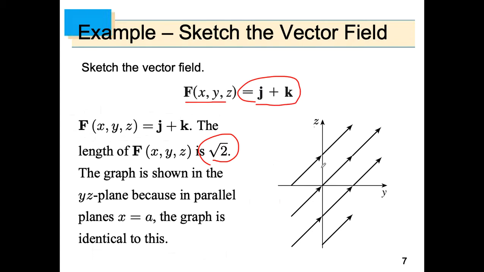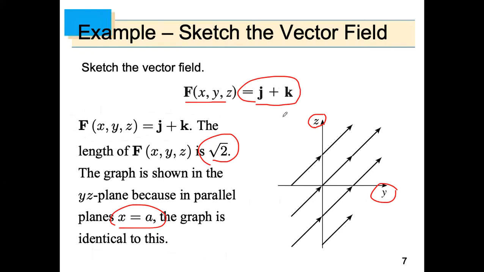And notice in this particular case that I went ahead and showed you what a vector field looks like in a YZ plane. Because every plane parallel to this, where x equals whatever constant you wish, is going to look exactly the same. And furthermore, notice that this vector has no variables once again.